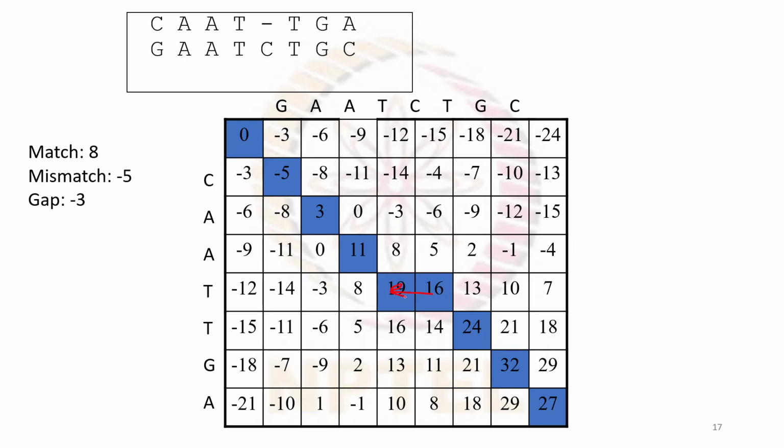So here its movement is like this, and here we introduce a gap. In all the cases the movement is along the diagonal, but when we move here, it indicates the place where a gap has to be introduced. So this corresponding C and gap. And we can also cross verify.